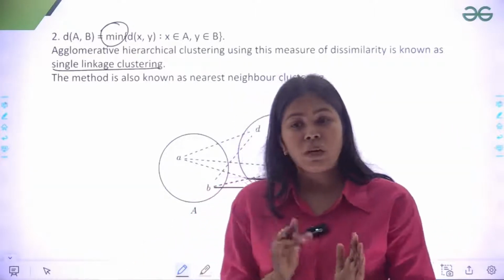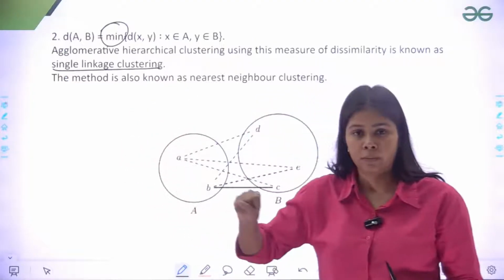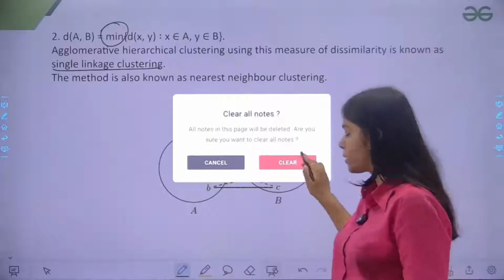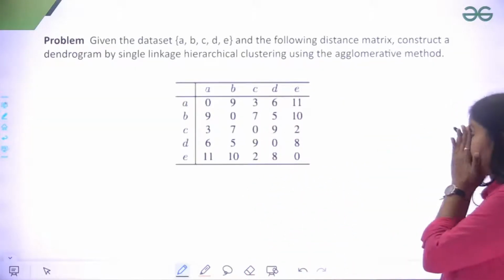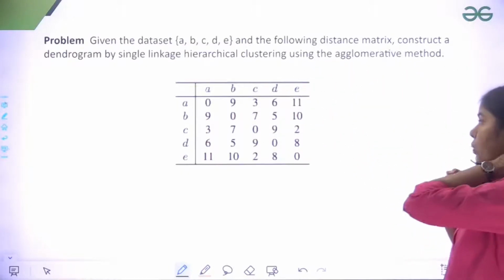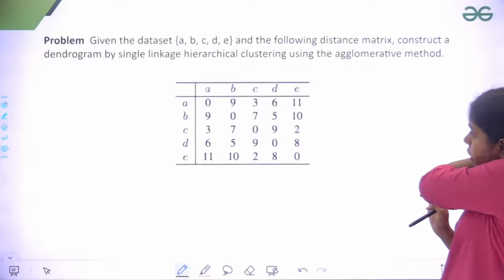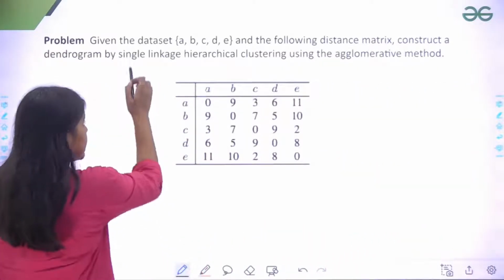So let's solve one question and understand how we are going to approach this problem. Given a data set A, B, C, D, E and the following distance matrix, construct a dendrogram by single linkage clustering using the agglomerative method, right? I have to use single linkage.